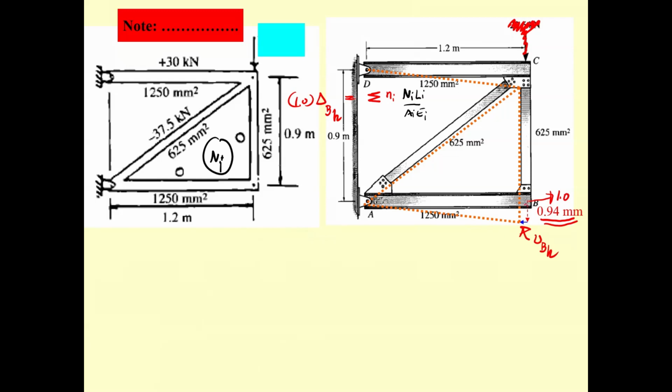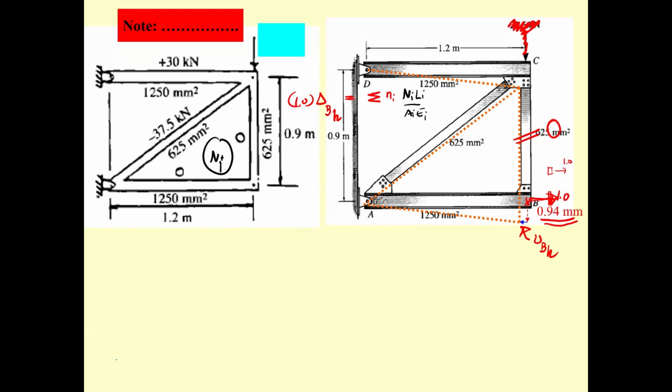Okay, and then if you cut the joint B over here, this is gonna be 1.0.